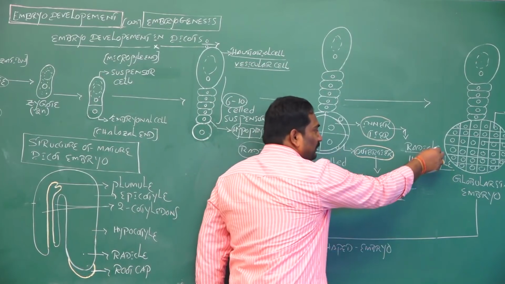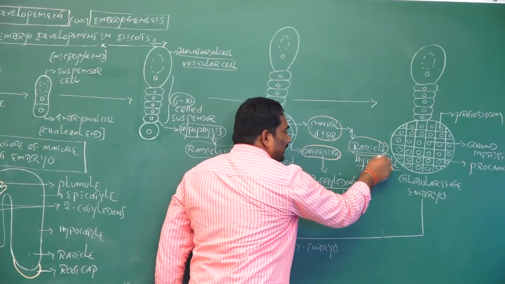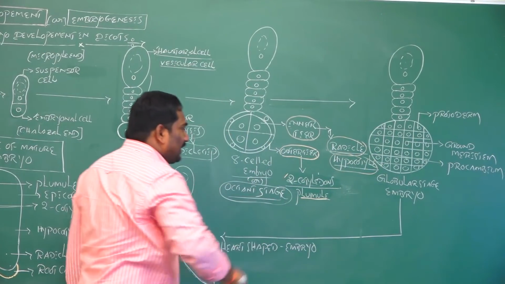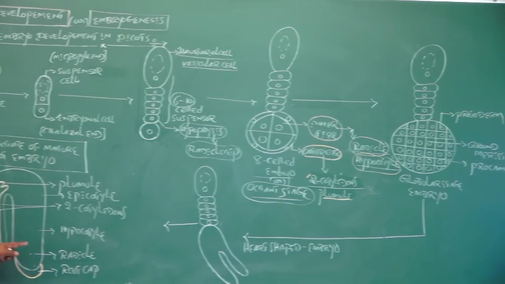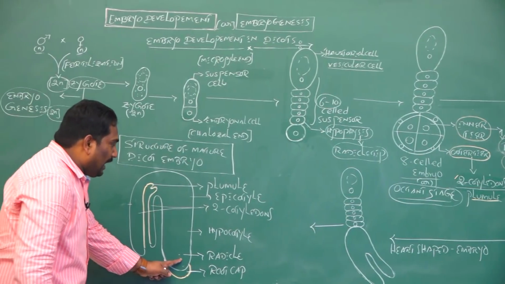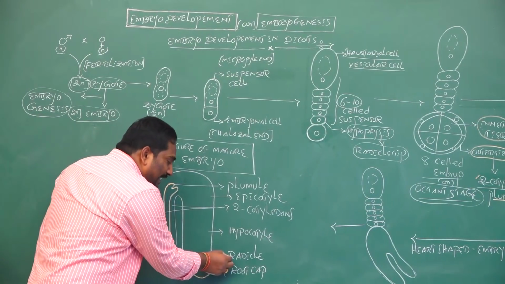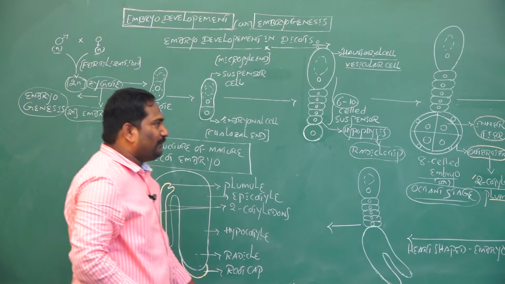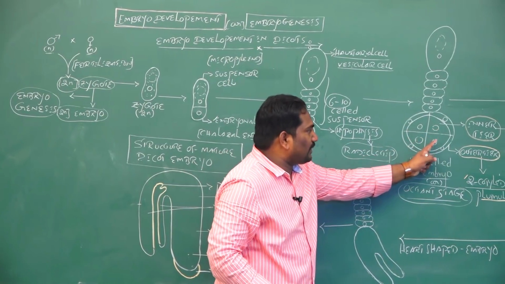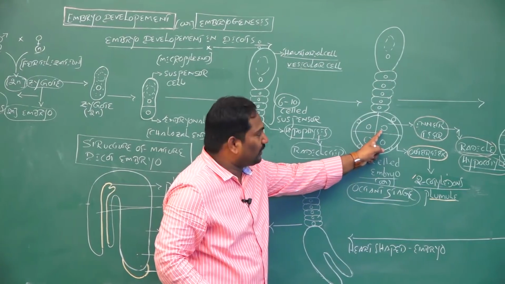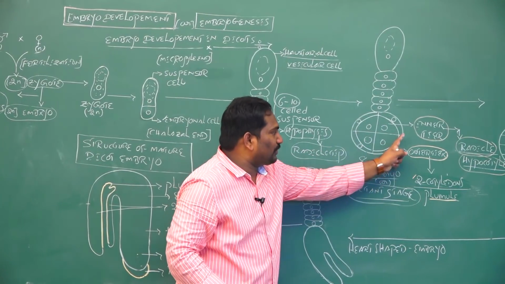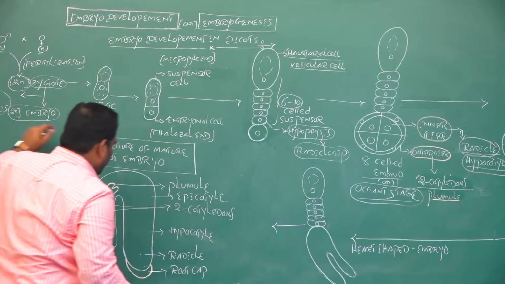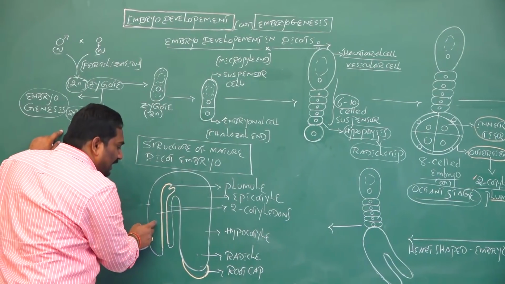It is responsible for the formation of the radicle and hypocotyl. Radicle means root. The radicle and hypocotyl in the dicot embryo are formed by the inner 4 cells of the 8-celled embryo.